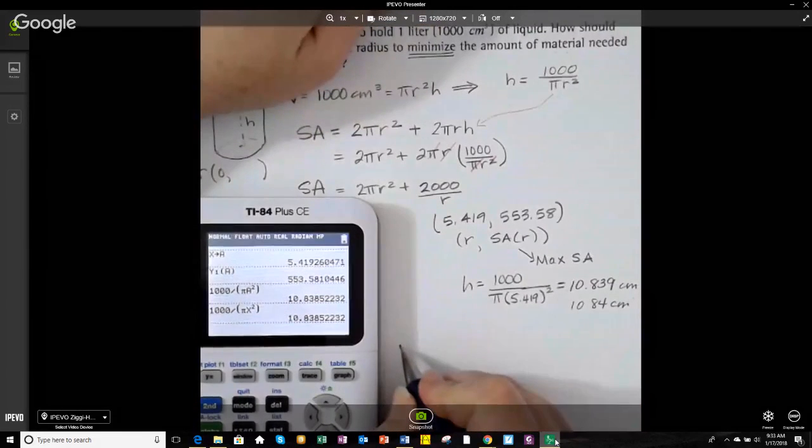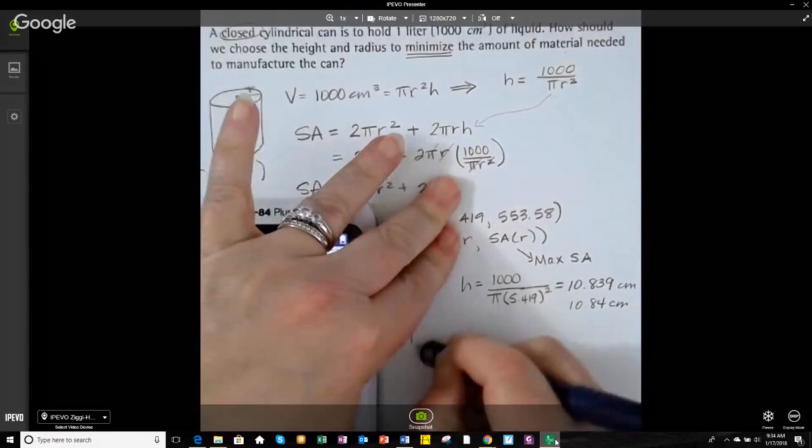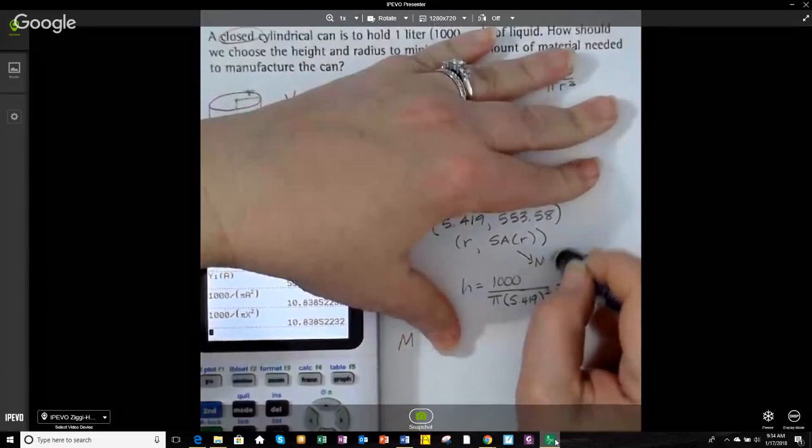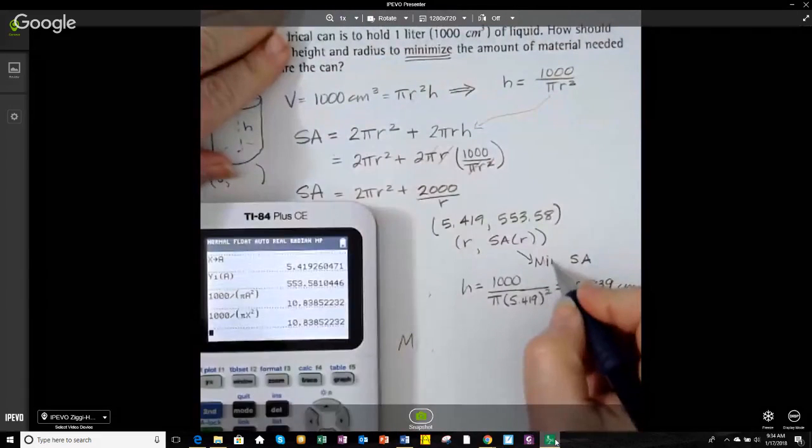So this is how I'd answer this question. I would say the maximum, or no, I want minimum, don't I? Sorry, minimum. And this is a minimum. My goodness gracious, got to fix that.